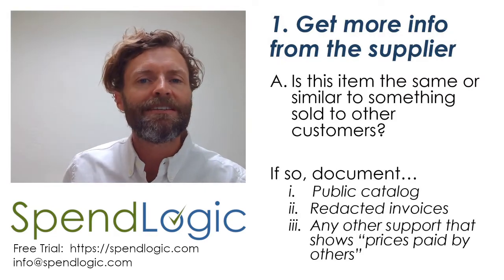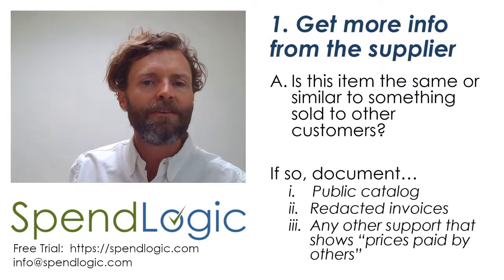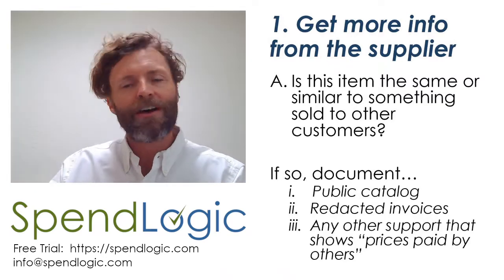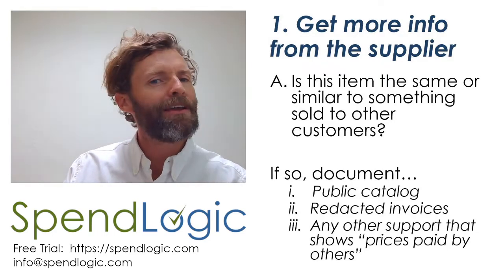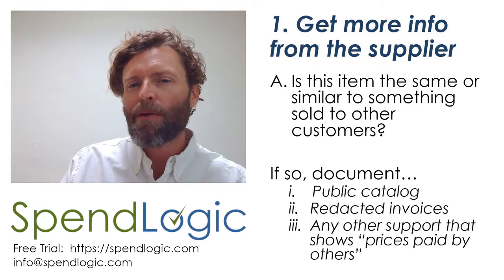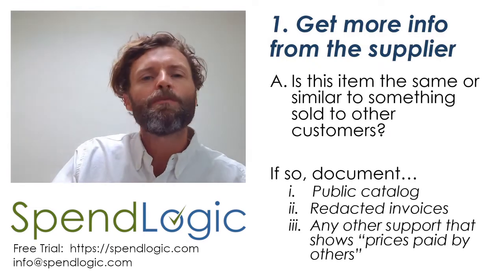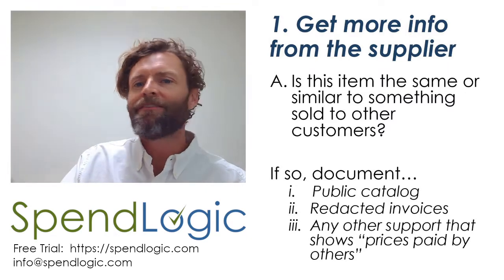Now, the other half of this is, are other people paying these prices? We all know instances where, sure, we've got a public catalog, and here's our catalog, and this is a price, but does anybody actually pay it? Think about the case of a used car. It's reasonable to say that there is a catalog that's publicly available on the website of any car dealership.